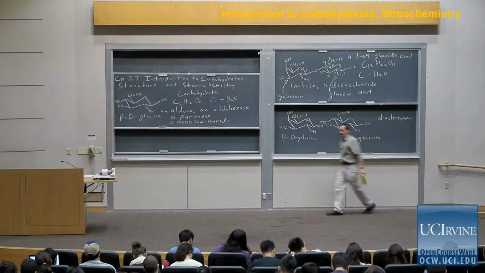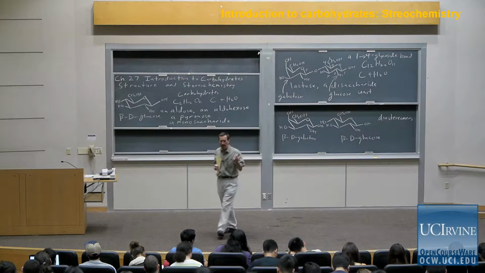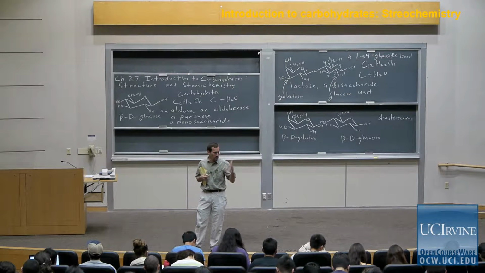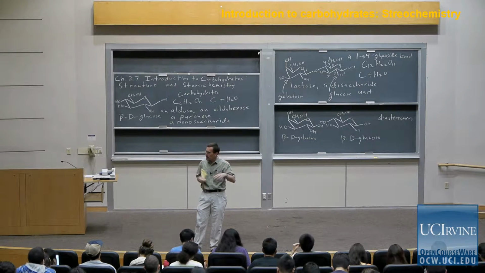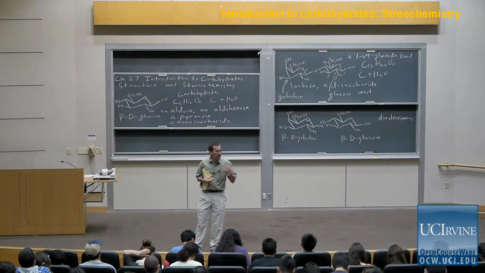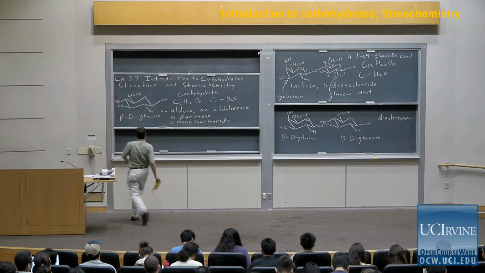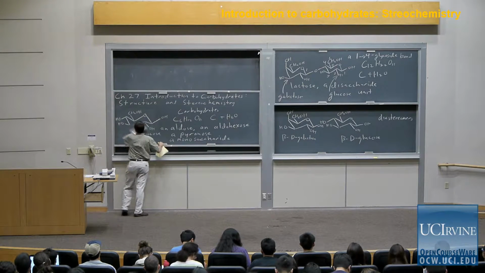Remember, when you learned about stereochemistry, you learned about enantiomers, compounds that are non-superimposable mirror images. You learned about diastereoisomers, stereoisomers that are not enantiomers, and then you learned about constitutional isomers, molecules that have different connectivity, different arrangements of atoms.